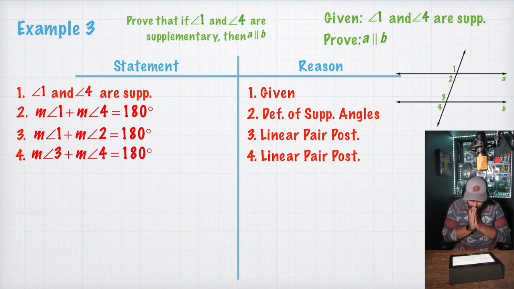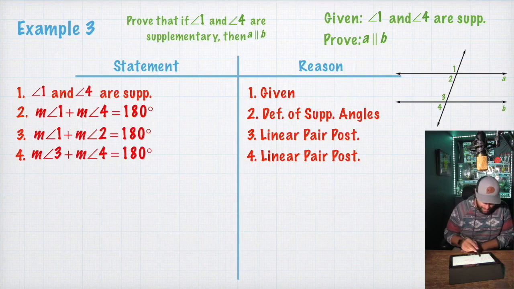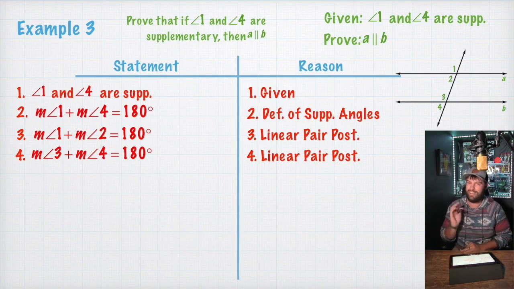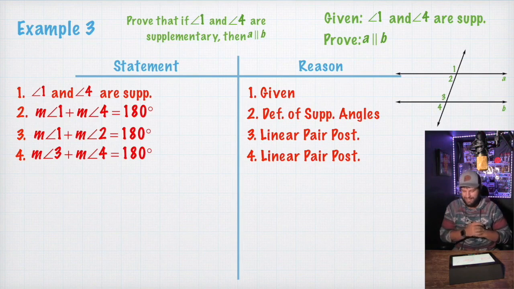Now, let's do the measure of angle 1 plus the measure of angle 2 plus the measure of angle 3 plus the measure of angle 4, which all add up to equal 360 degrees. And there's a reason to this, and it may seem complicated at first, but as soon as we work through this proof, you'll say, that made sense.